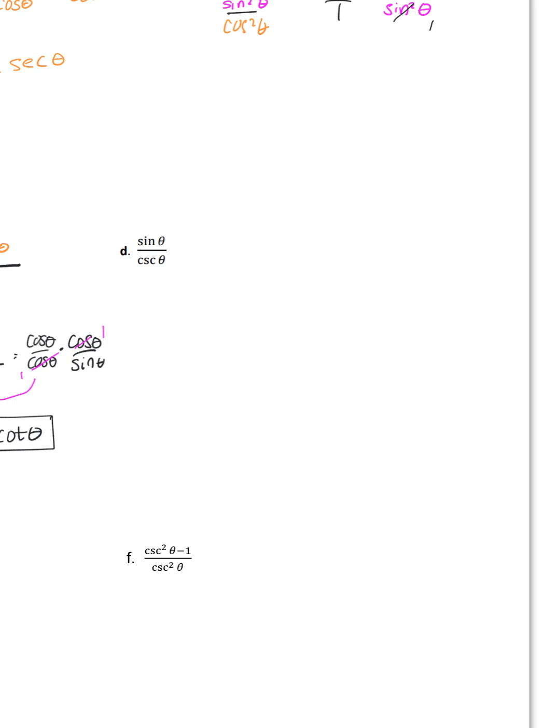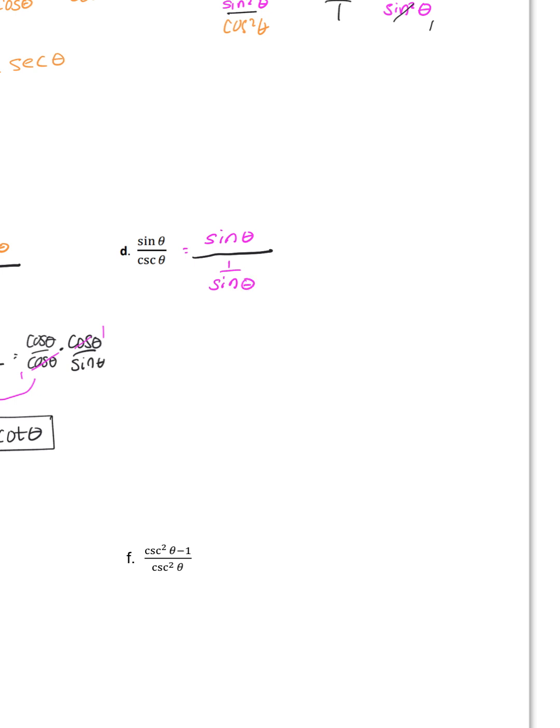Letter D. I have sine theta, which is fine the way it is, but cosecant theta is 1 over sine. So let's just change this. Bar here for our division, and then we have 1 over sine theta.